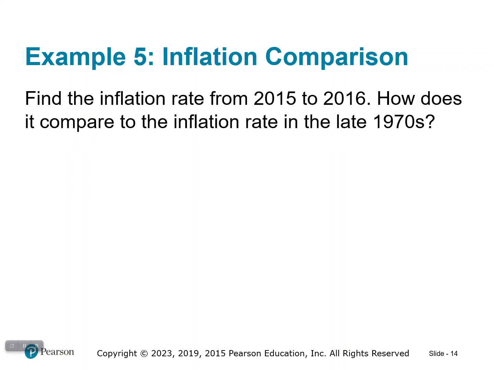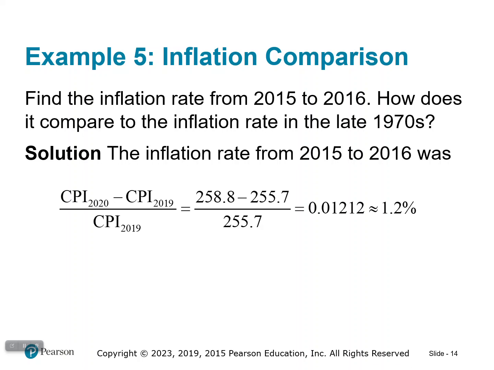Inflation, it happens. Find the inflation rate from 2015 to 2016. How does it compare to the inflation rate in the late 1970s? Well, the inflation rate from 2015 to 2016 was... these numbers are not right. This is looking at 19 to 20.